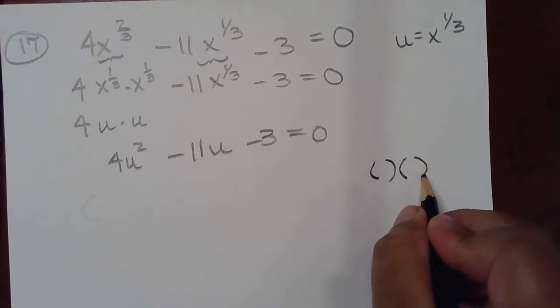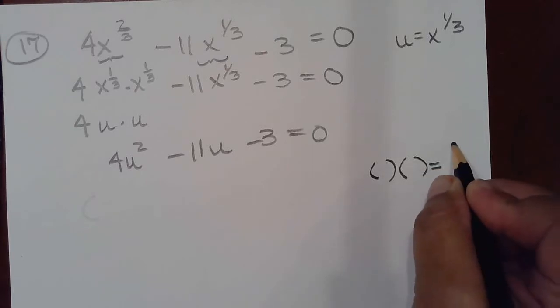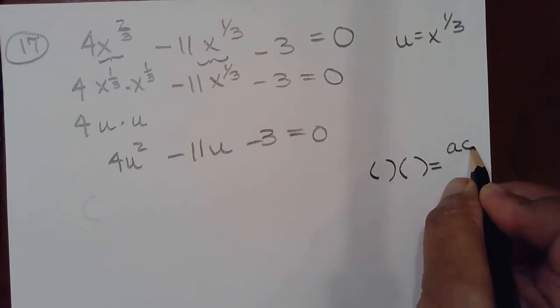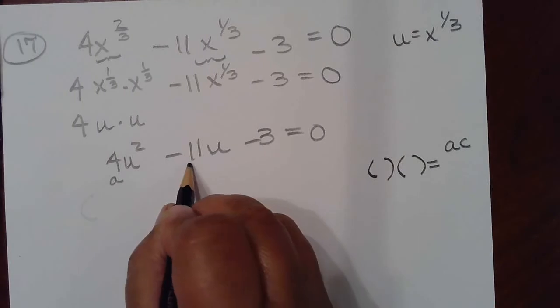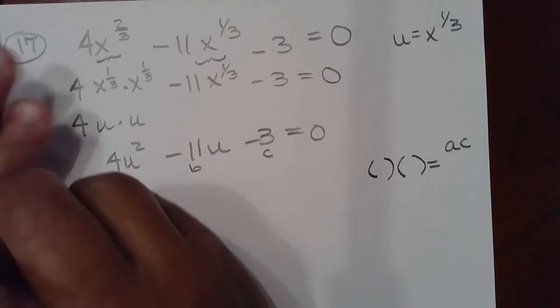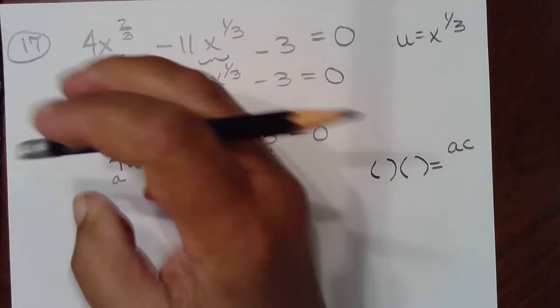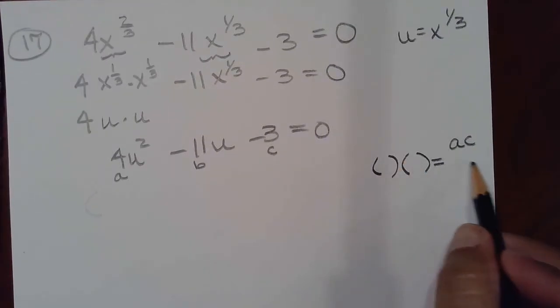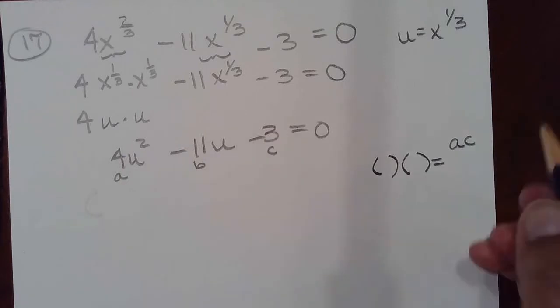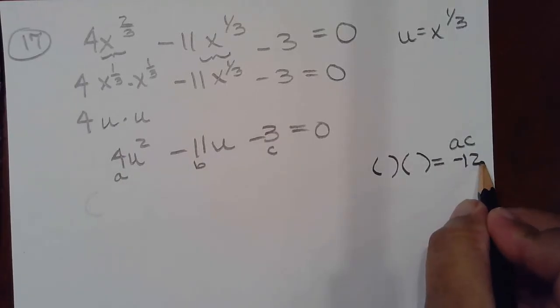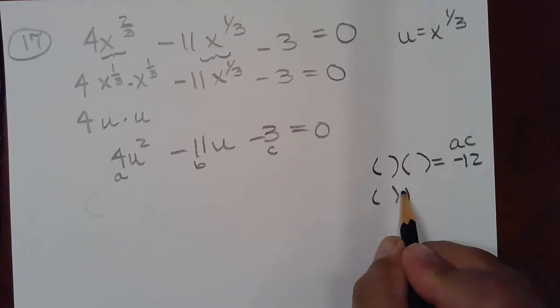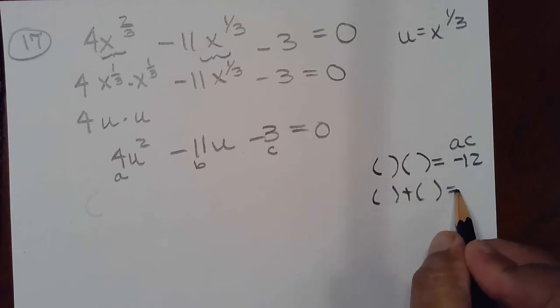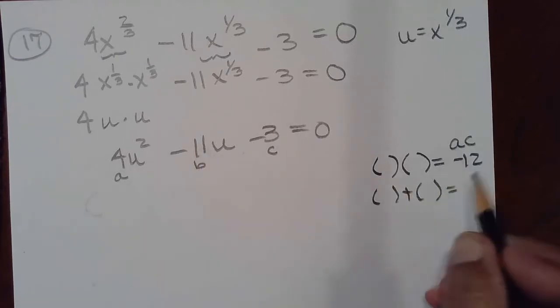You're going to look for two numbers multiplied together that give you the A times C value. Remember, this is A, this is B, this is C from your work with the quadratic formula. We're going to look for two numbers, knowing our times tables, that equal A times C, 4 times -3, -12. But the two numbers that we come up with have to also add to this number in the middle.